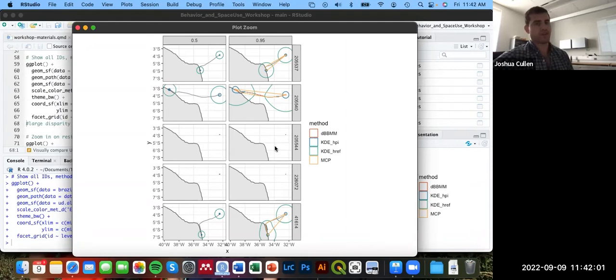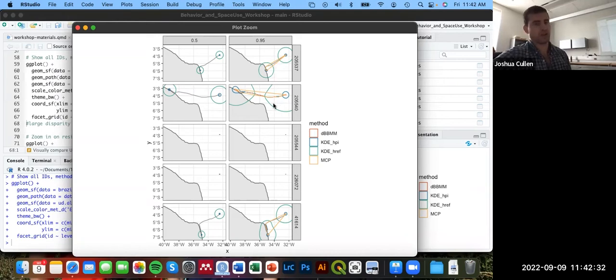If we look at the 95% contours, it appears that the total area estimated by the minimum convex polygon is probably even smaller than the kernel density method with the reference bandwidth. However, like the kernel density estimate with the reference bandwidth, a lot of the area within that polygon is not actually used by the turtle. So it's not really a better metric necessarily.